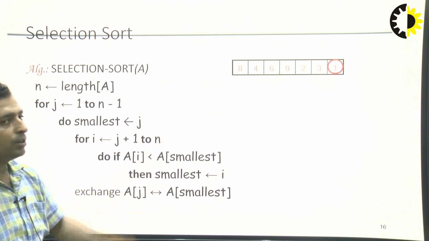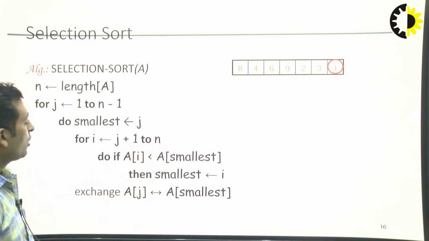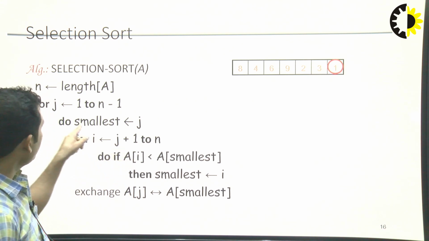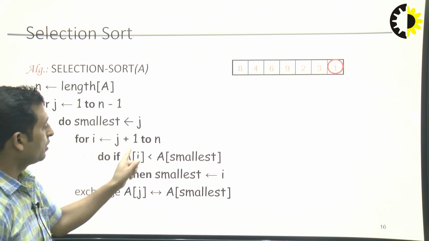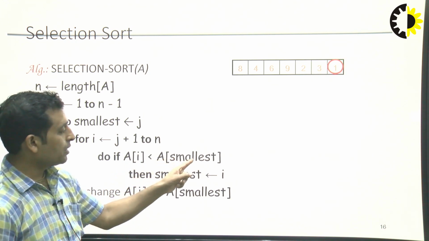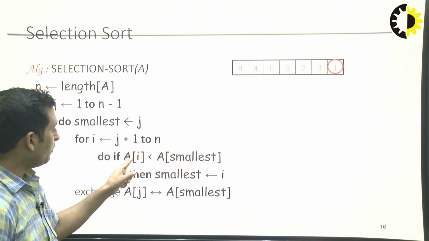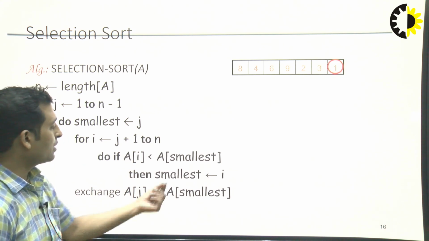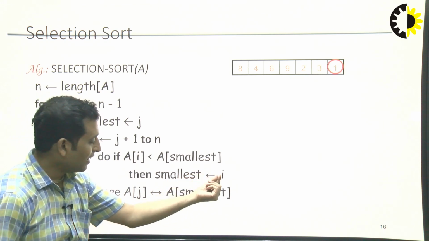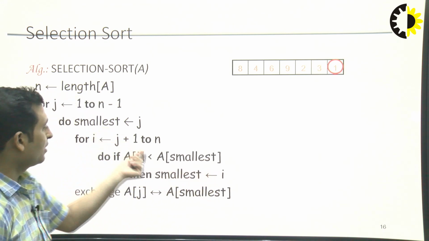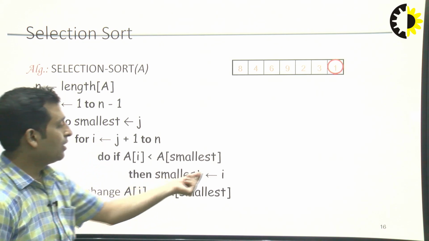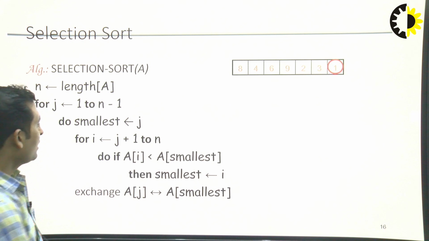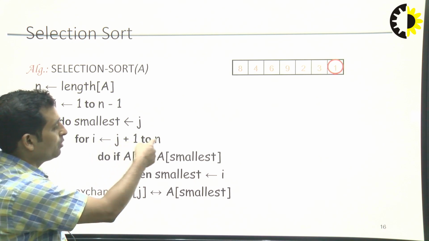Now compare the element present at the ith position and the smallest position. If the smallest position element is greater than the element at the ith position, then what to do? Just assign the index i to the smallest index, changing the index where the smallest element is present. This is repeated for i from j plus 1 to n.